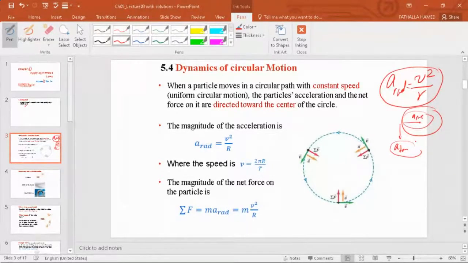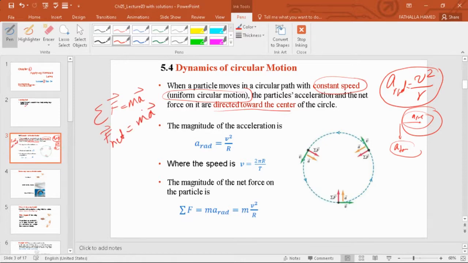Today we're just going to consider uniform circular motion, but that doesn't mean you can't extend that to non-uniform circular motion as well. So in the case when you move around the circle with constant speed, this is what we call uniform circular motion. And of course there will be a force, and this net force will be directed toward the center. In accordance with Newton's second law, the summation of the forces is equal to ma, or we say that the net force is equal to ma.